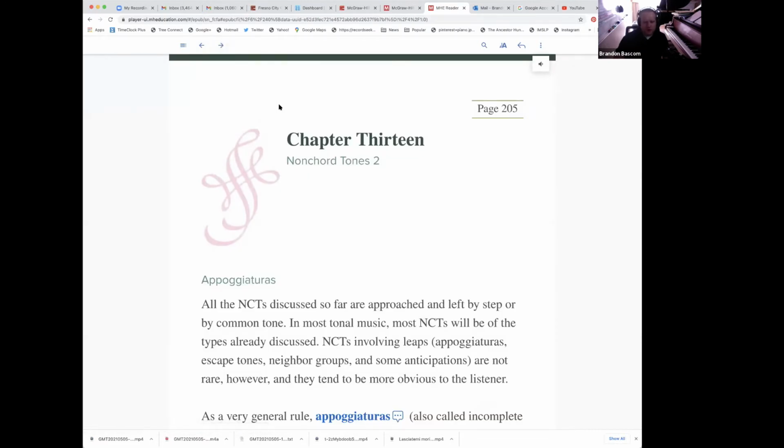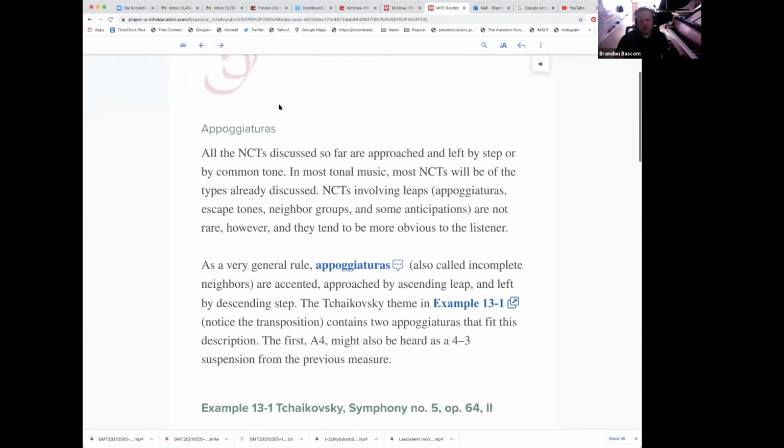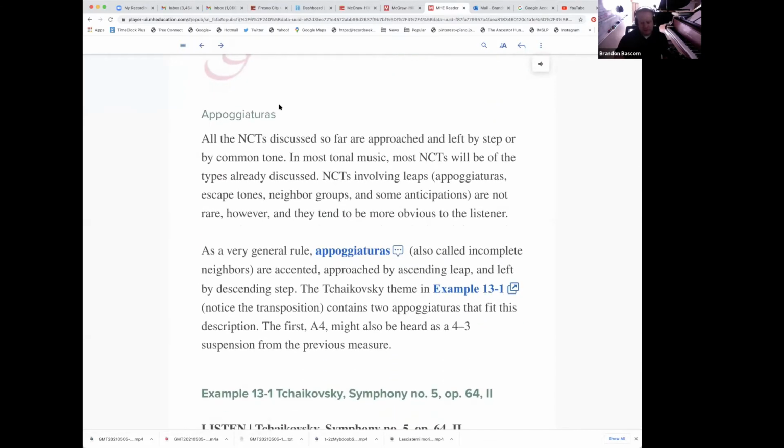Non-chord tones, part 2. Appoggiaturas. Appoggiaturas are also called incomplete neighbors. They're accented. They're approached by ascending leap and left by descending step, according to this chapter. But according to our chart, they're approached by leap and left by step.